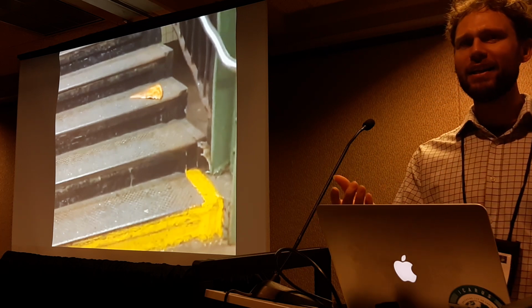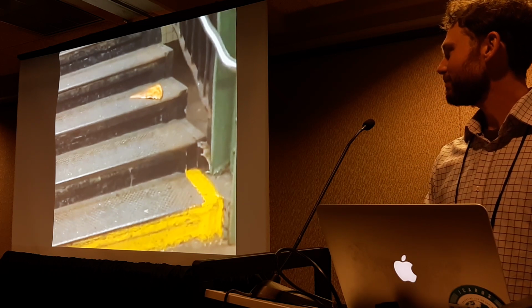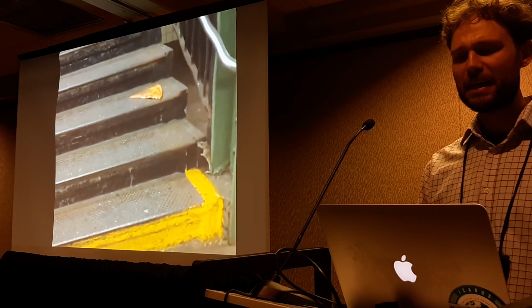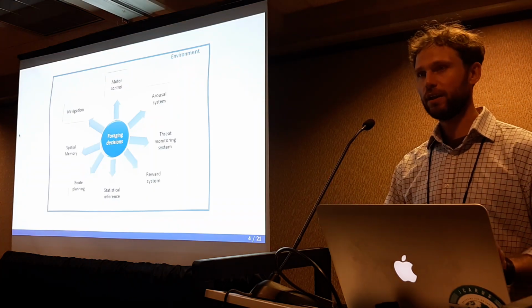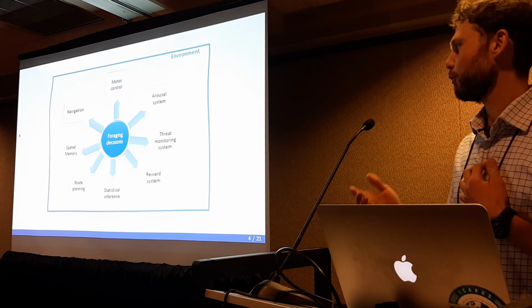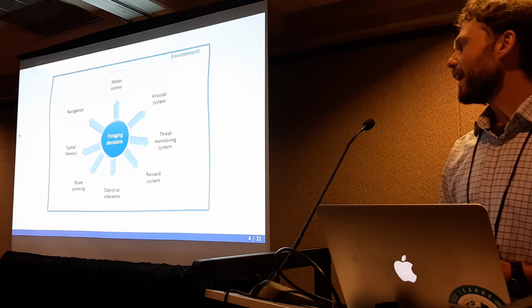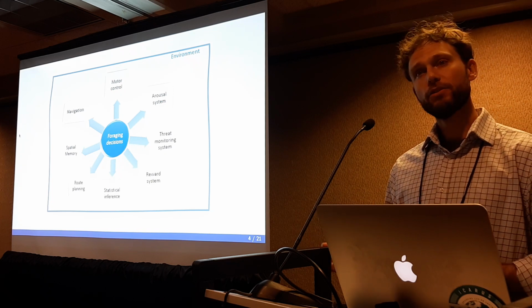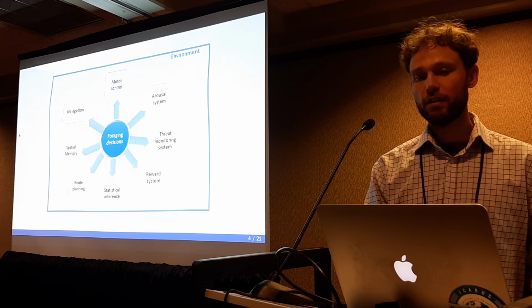Should I go on and look for other food in the environment? Here's a behavior that involves many different components, including the threat monitoring system, the reward system, how satiated am I, aspects of spatial memory, going back to certain food sites, and then of course foraging decisions.